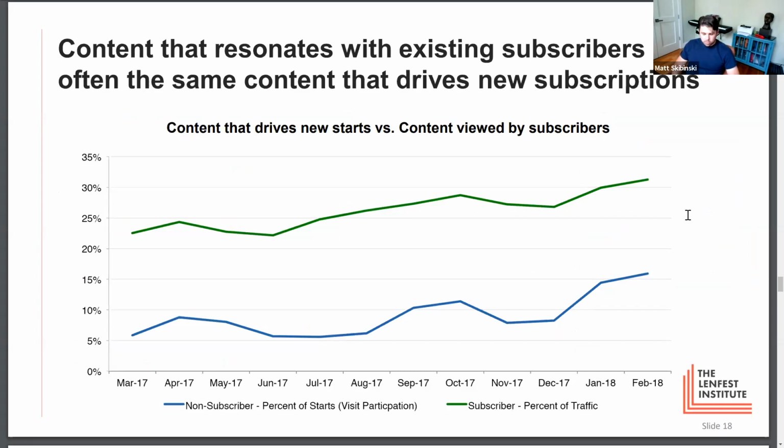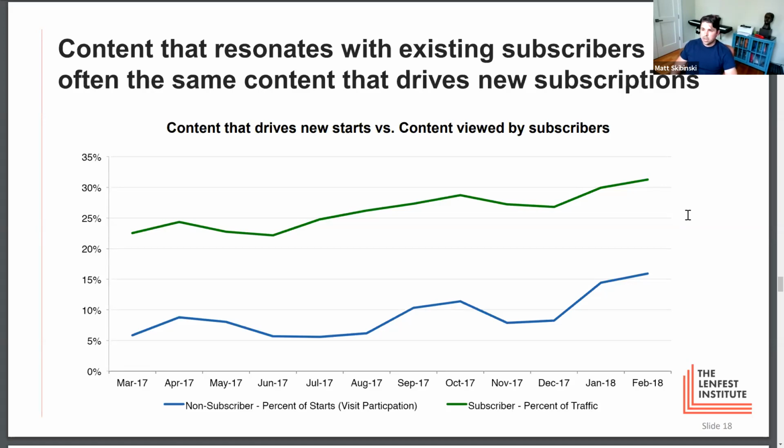So if that's too hard to get the data on, which it can be sometimes, to get that granular level of whether this contributed to somebody's subscription, a simpler thing you can look at, it's not perfect, is just content viewed by people who have subscribed and what's disproportionately popular with subscribers.